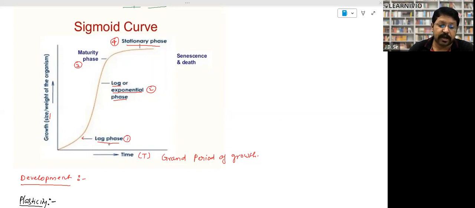When it completes its life span, senescence or death takes place, right?